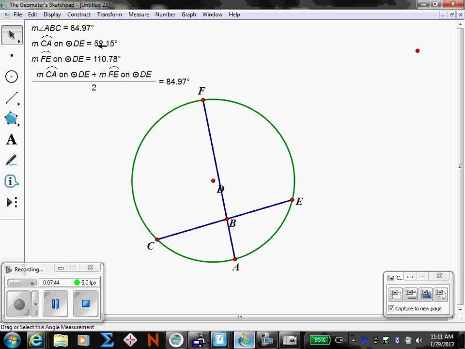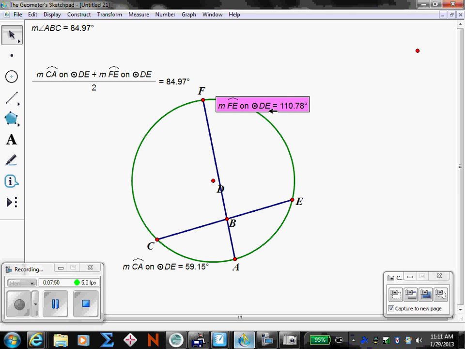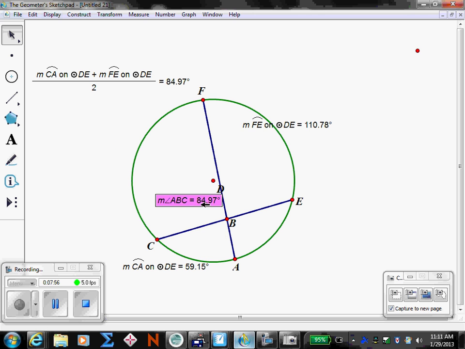Okay, so look where these arcs are. There's arc CA, there's arc DE. So these 2 angles here are congruent. Angle ABC, that's 84.97. Okay, I could put this measure in as 84.97 as well.